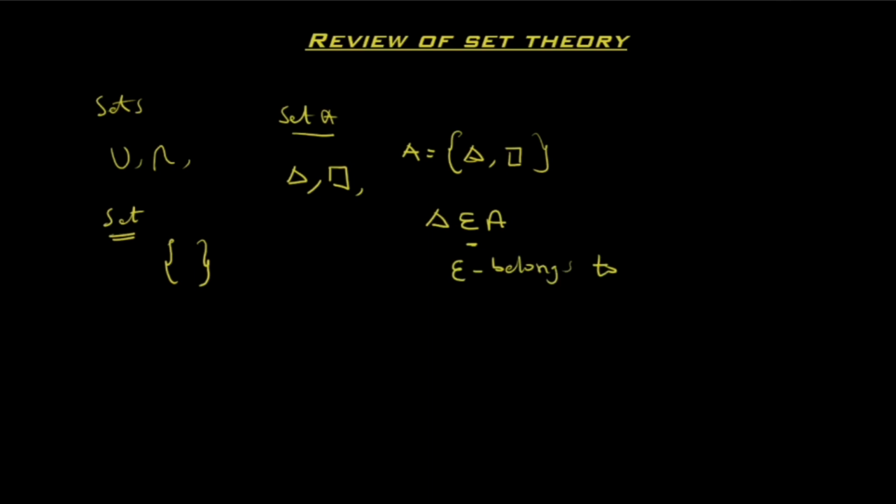To say that an element does not belong to a set, we use, for example, we may write which means circle does not belong to set A. Let's note something here.